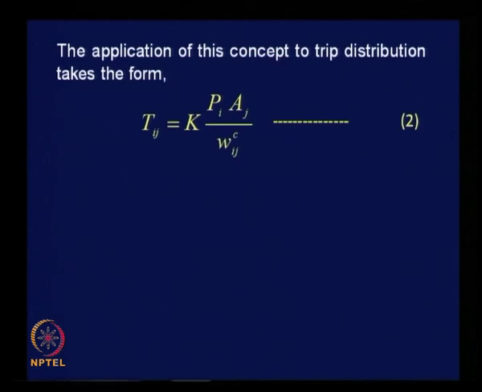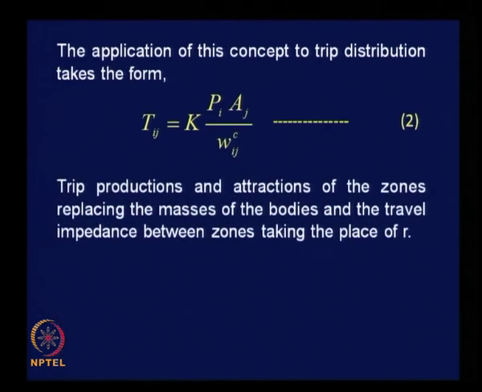and F is understood here as the total number of trip interchanges between this particular zonal pair, between zones i and j, is it not? That is how we can understand the force, the total number of trips interchanged between a given pair of zones taken at a time, right. And trip productions and attractions of the zones replace the masses of the bodies, and the travel impedance between zones takes the place of r.